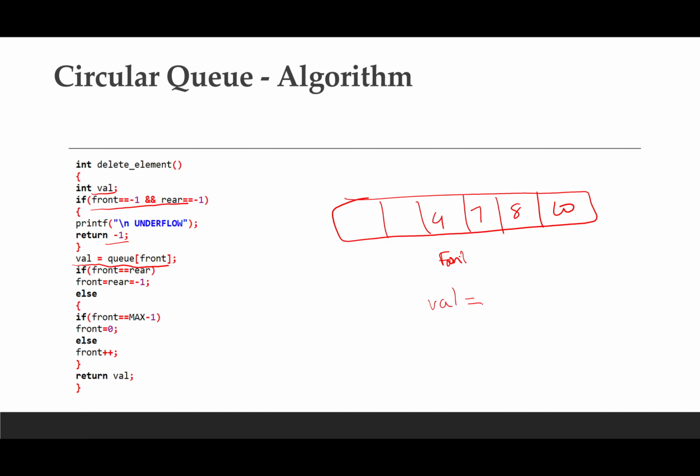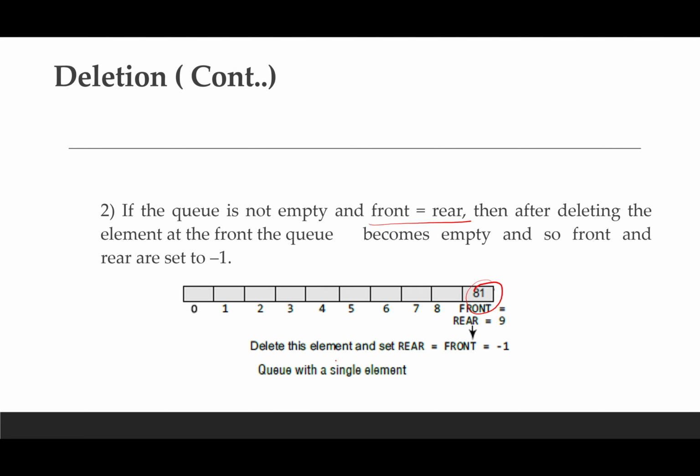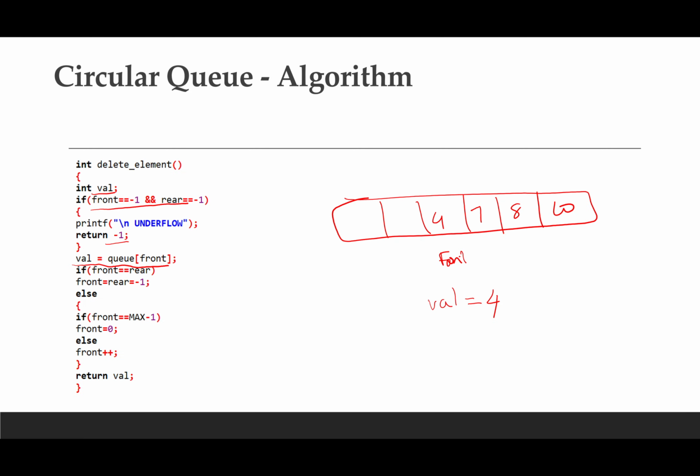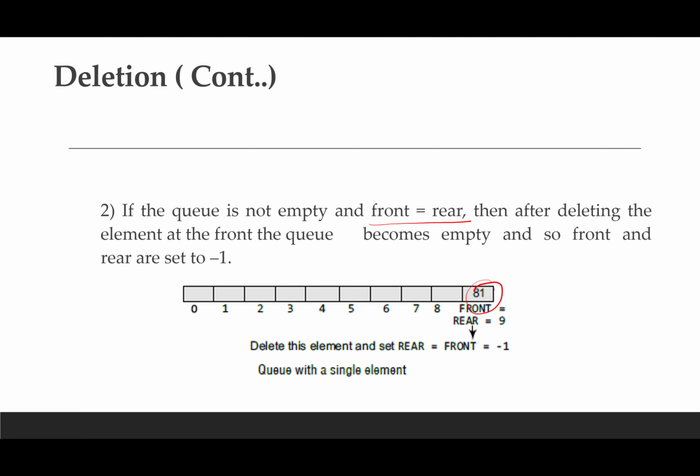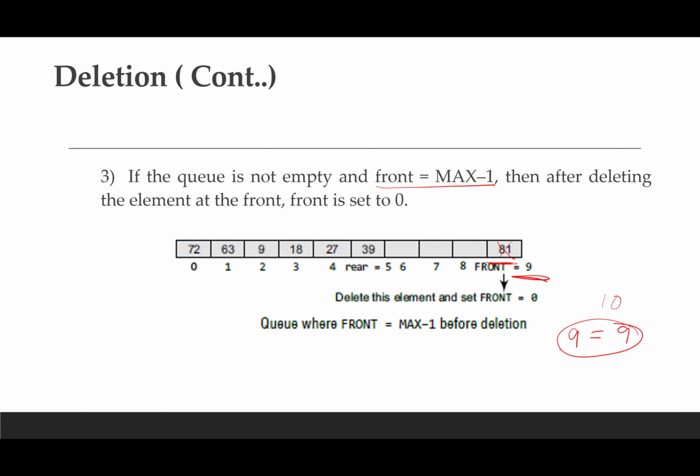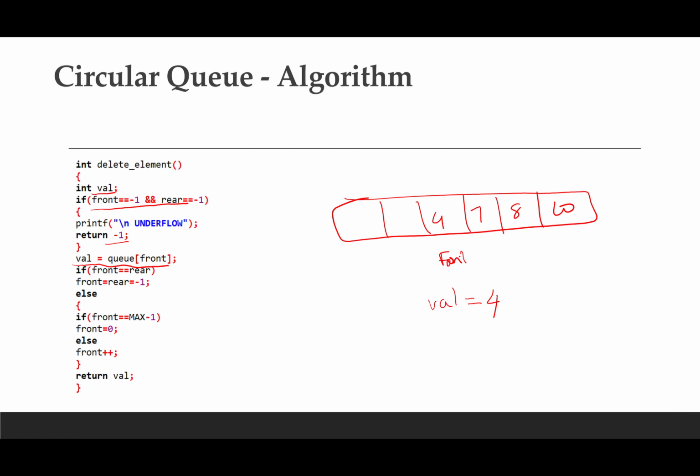We are assigning the front value, which is 4, to VAL, and here we are checking the condition front is equal to rear. Front equal to rear means it will be like this. If the condition is true, front and rear become -1, because that is the last element here. We are deleting this element and assigning the position for the front and rear as -1.